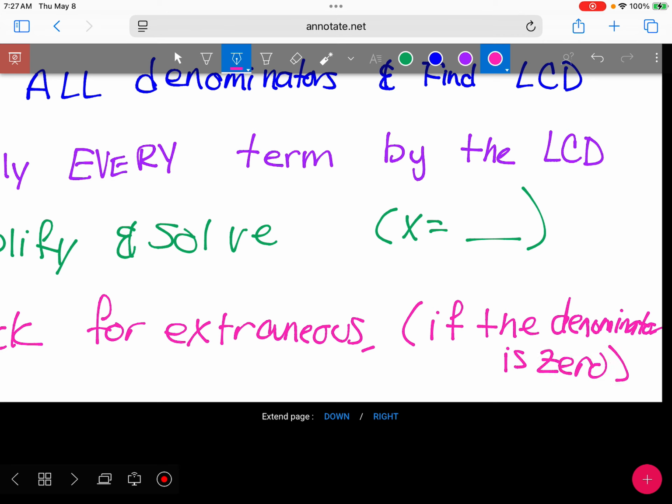So if our denominator is 0, that's when we have an extraneous solution. So we're going to factor all our denominators as much as possible, figure out what our least common denominator is, multiply absolutely every piece by that least common denominator, and we can go from there.